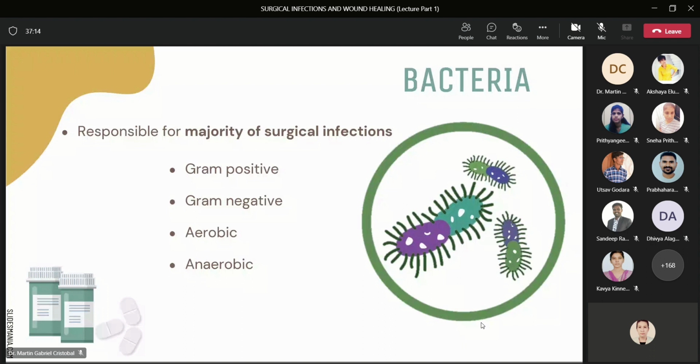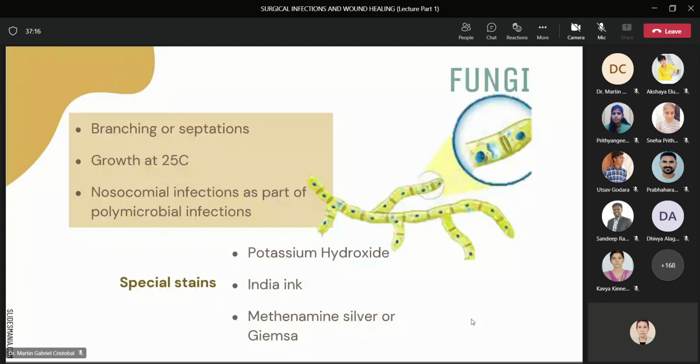Next are the fungi. These are identified by use of special stains such as potassium hydroxide, India ink, methenamine silver, or Giemsa stain. So these have branching and septations, and they grow at a lower temperature of 25 degrees Celsius. So these usually cause nosocomial infections as part of a polymicrobial infection or fungemia.